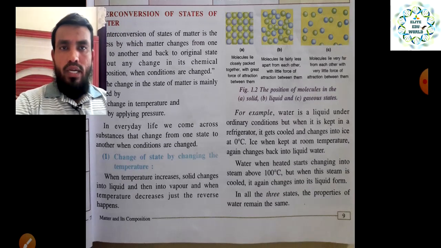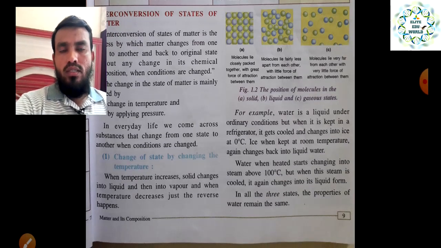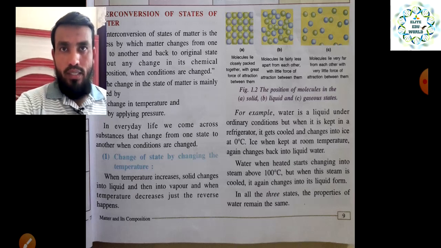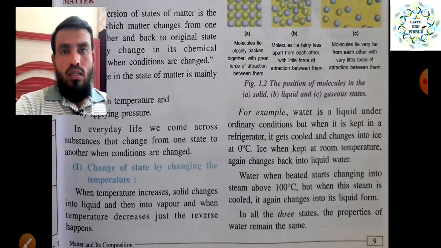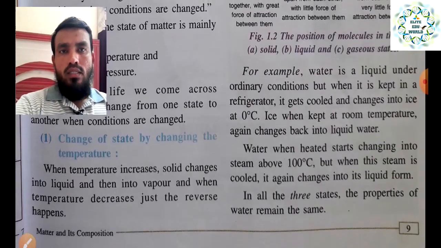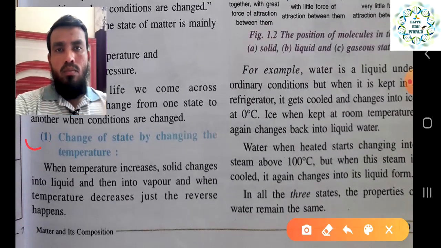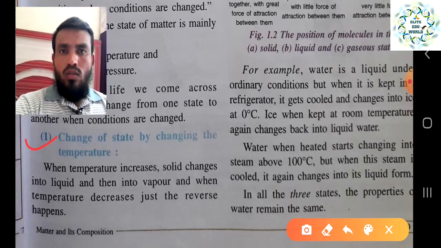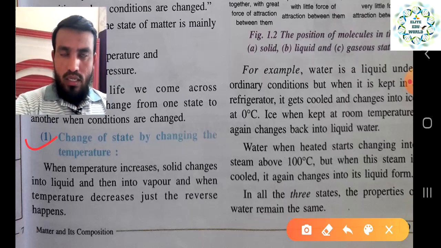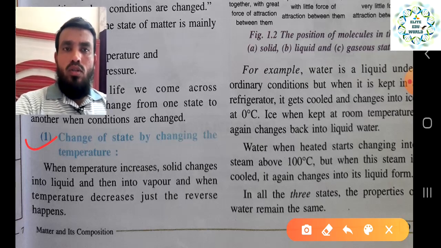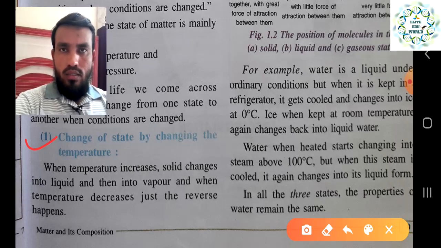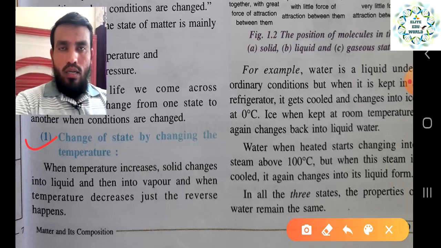In everyday life we come across so many substances that can be changed from one state to another. So we will see this condition: change in the state by changing the temperature. When we are increasing the temperature, solid changes into liquid and then into vapor.